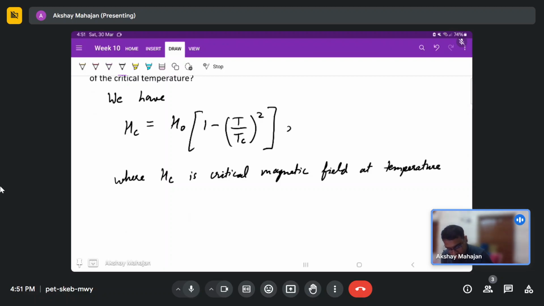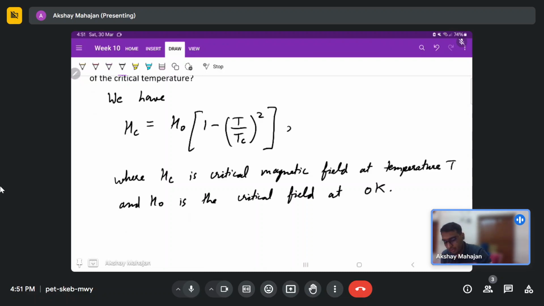Now where Hc is critical magnetic field at temperature T, and H naught is the critical field at 0 Kelvin.